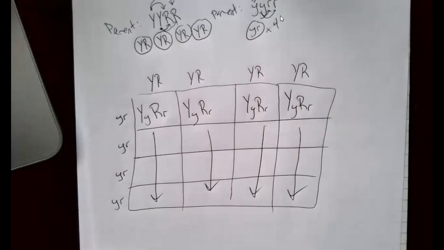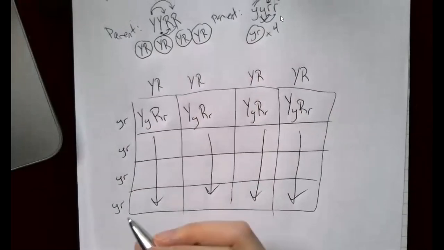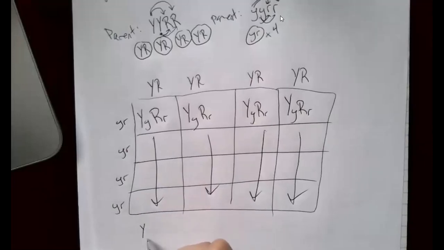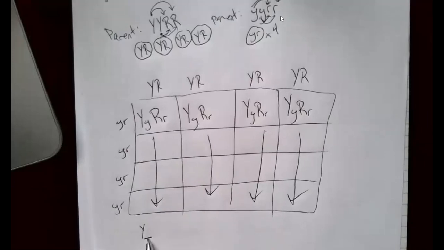In this case, it wants to know what are the chances of a yellow wrinkly seed. Well, in order to be yellow and wrinkly, you would need a capital Y for the yellow, and then it wouldn't matter what your other Y allele was. It wouldn't matter if that's big Y, big Y, or big Y, little y, because yellow is dominant.